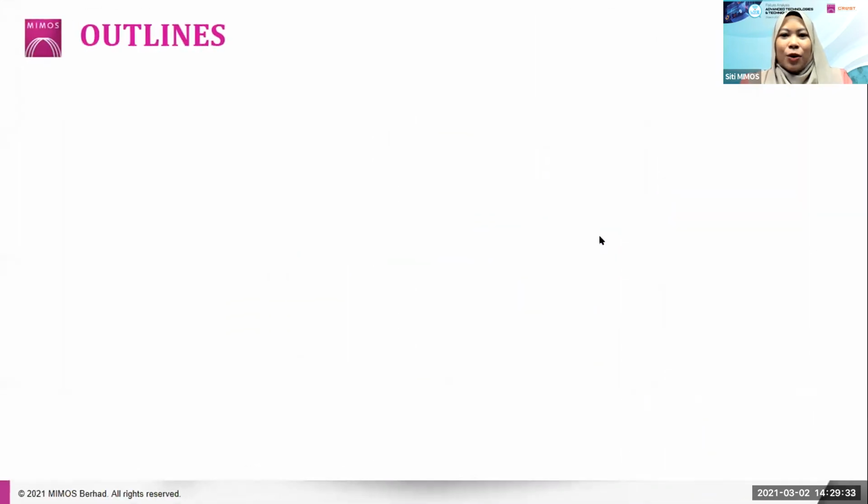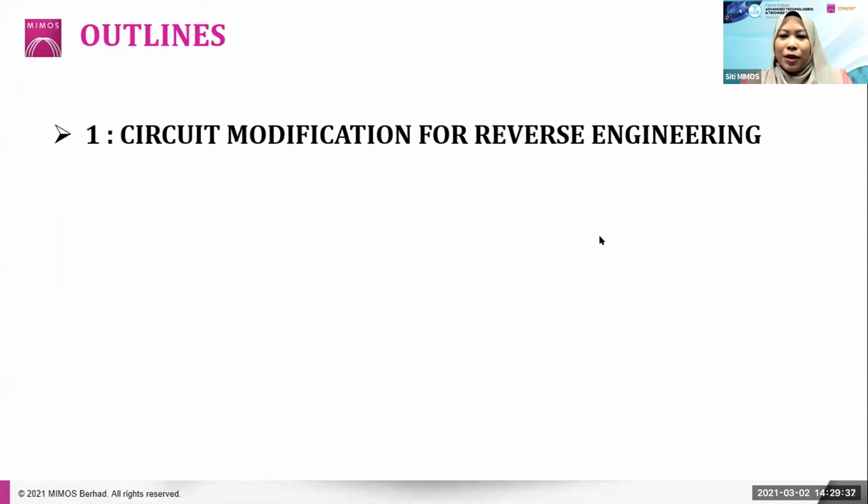So here are the outlines of the case studies. Firstly, we will talk about a circuit modification for a reverse engineering purpose. Indeed, circuit modification can be a very complex process depending on the complexity of the device. Imagine if you have a metallization layer up to 7 or 9.